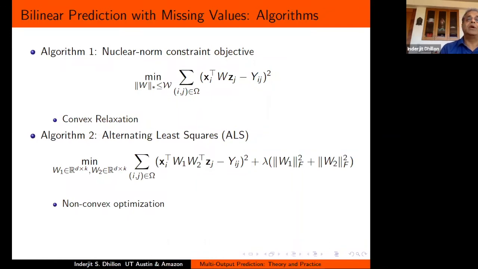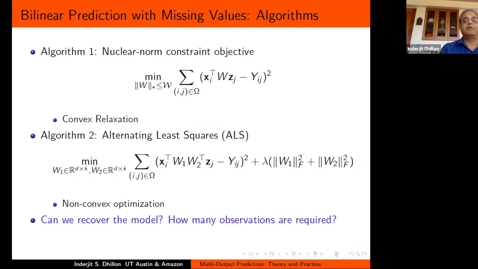So these are two algorithms for the inductive matrix completion problem, where in the first, as before, we relax the rank constraint in a convex way, get a nuclear norm constraint, and we get a convex relaxation. You can solve this problem for its global optimum. And in the second case, you do alternating least squares. And again, these methods work well in practice.